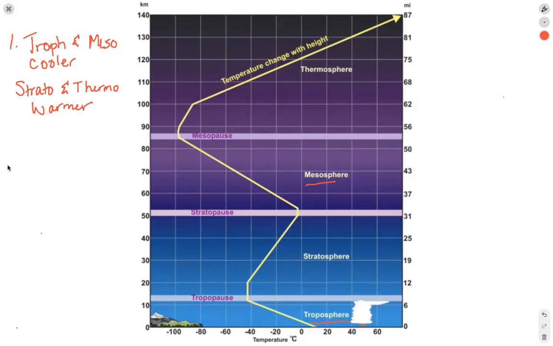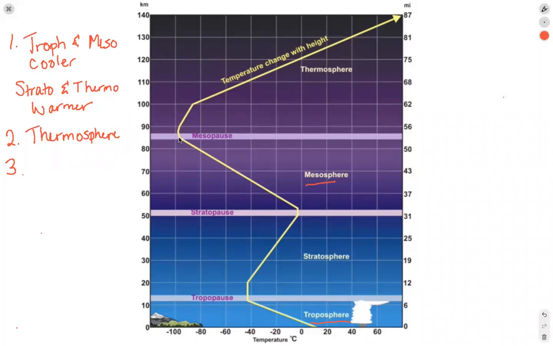For one, you could say troposphere and mesosphere are getting cooler, stratosphere and thermosphere hotter. Right, 2 says which layer is the hottest? Thermosphere. All right, 3, which layer is the coolest? The mesosphere.